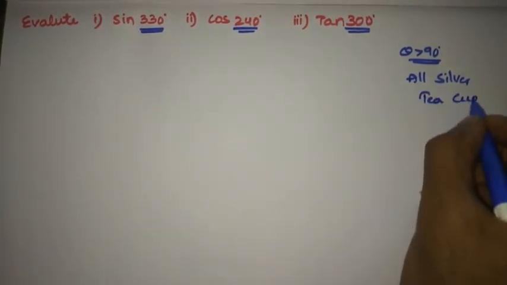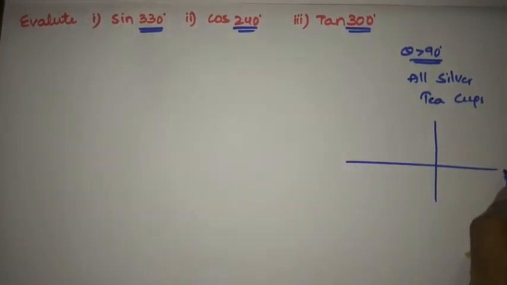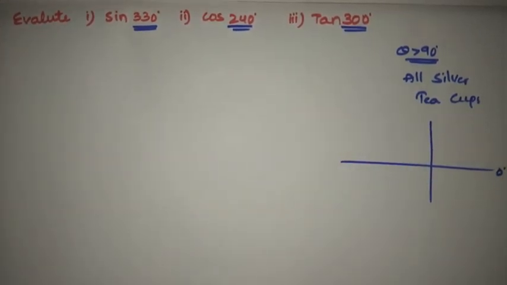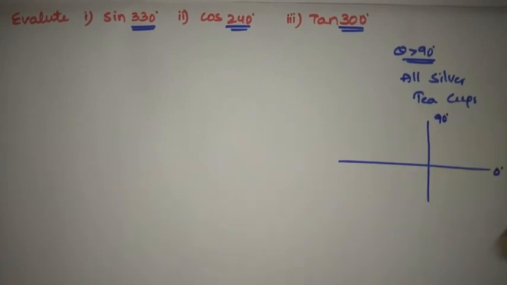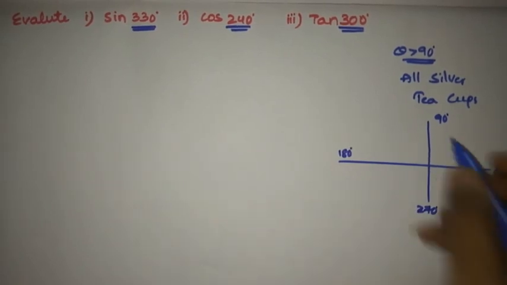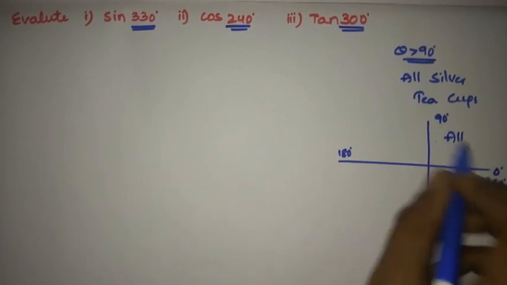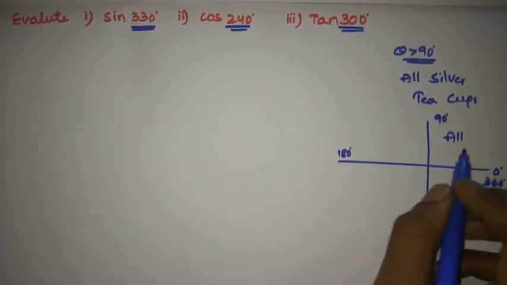According to this, if you draw the x and y axis, this is 0 degrees, 90 degrees, 180 degrees, 270, and this is 360 degrees. In this quadrant, if this angle lies between 0 and 90 degrees, all trigonometric ratios will be positive.